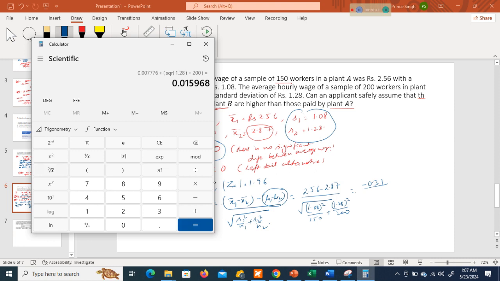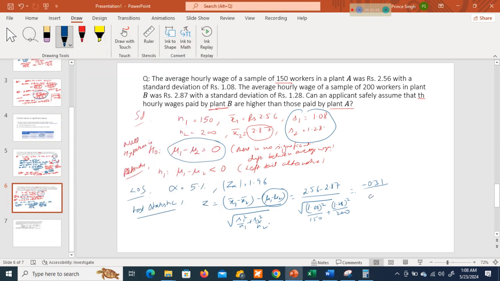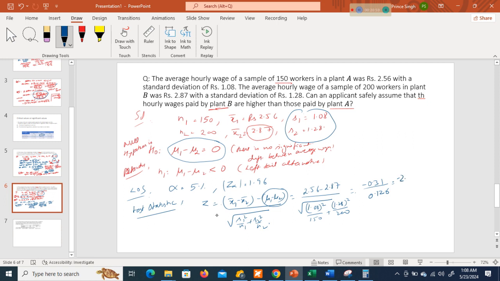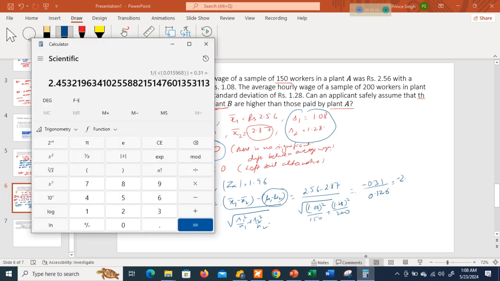If we take the square root, its value is 0.126, and if we take its reciprocal and multiply it with 0.31, so its value comes out to be minus 2.45.